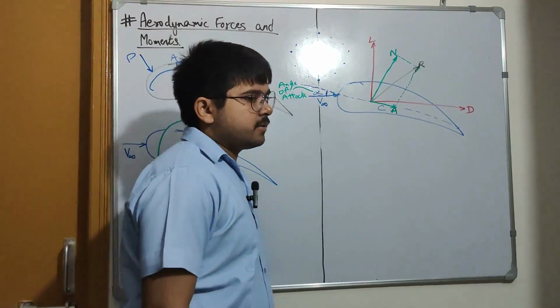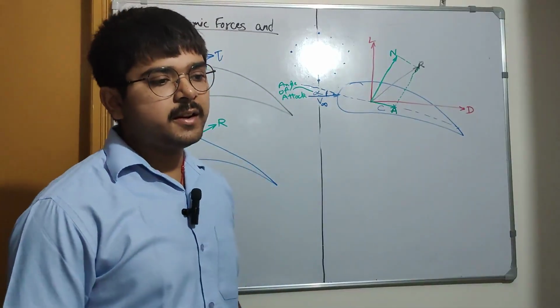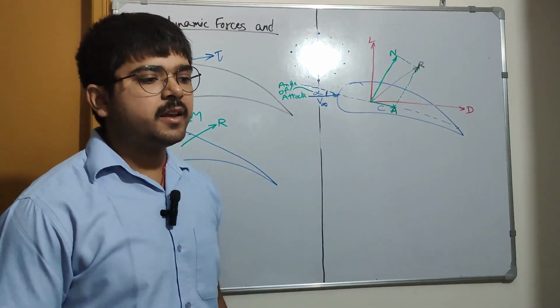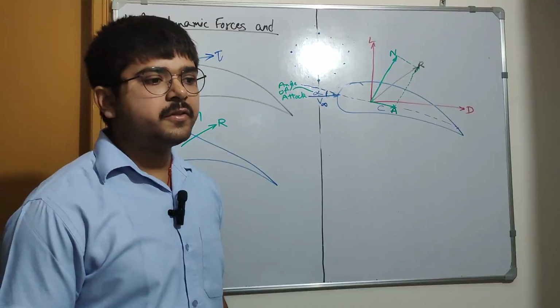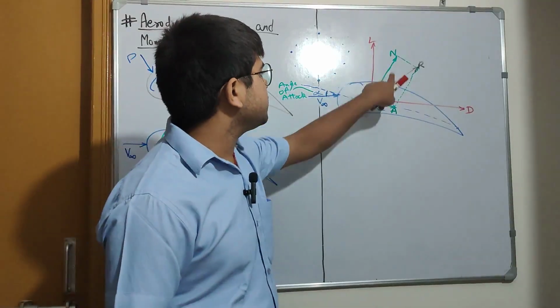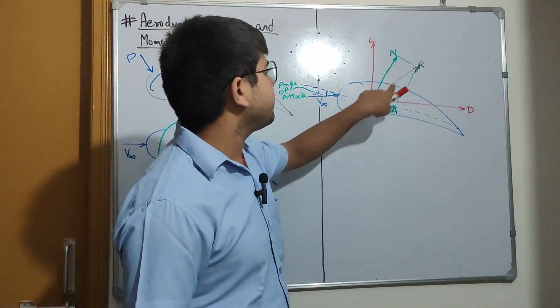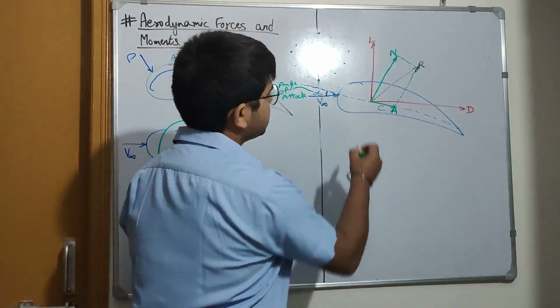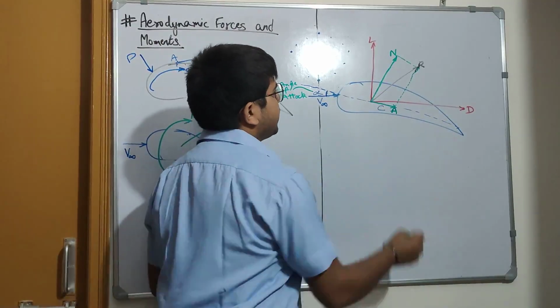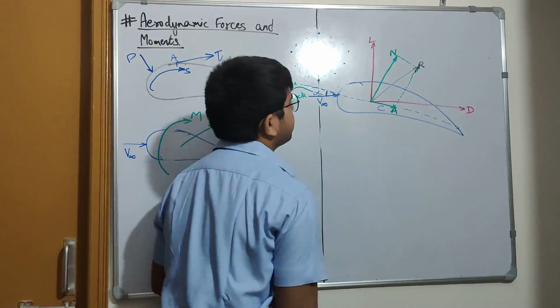Now after that, we have the geometrical relationship between N, A and lift and drag. N we all know is the component of R which is normal to the chord. Chord is this one. N is this one.